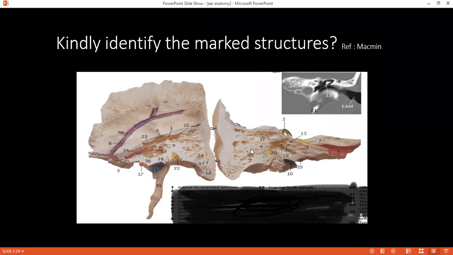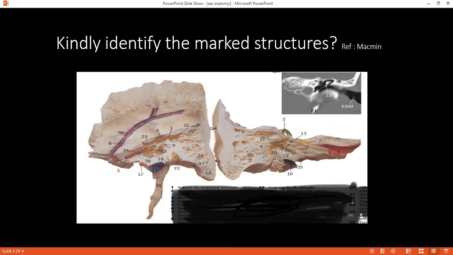Okay, can you look at this small picture and tell me if you can recognize 13 and 9? These are the ossicles of the ear. How is sound conducted? Can you tell me?